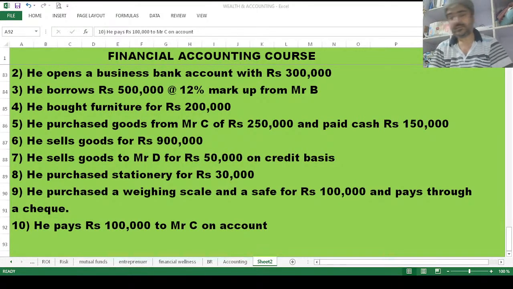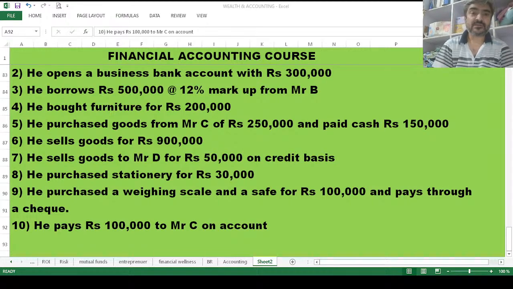Mr. C is a creditor, a liability of the business, and he has been paid the full amount.